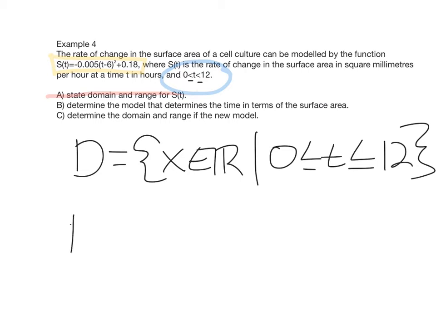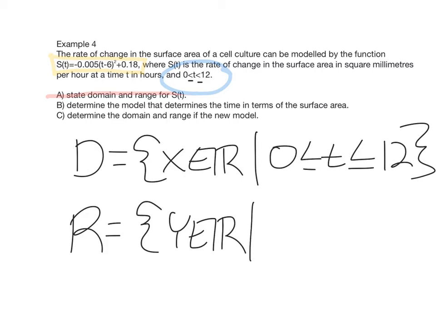So our range here is also coming from a quadratic function, so y would be an element of the real number system. And we now need to figure out what our maximum and minimum values are. So our surface area here, we know, is going to peak at its vertex. So it's actually easiest to do the greatest value, which in this case comes from the vertex, so it's 0.18.